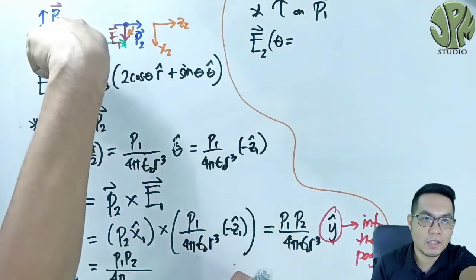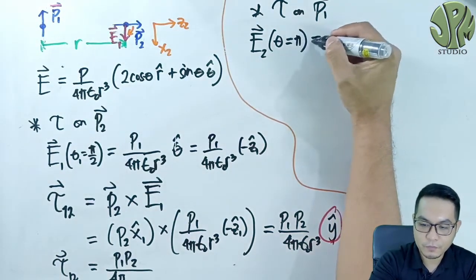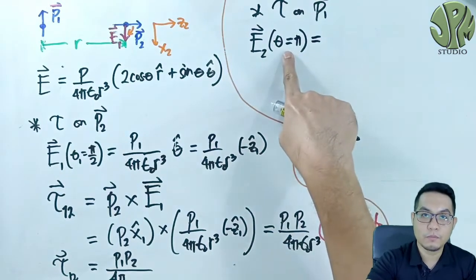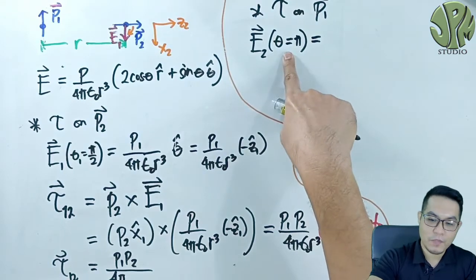That's actually 180 degrees or pi. So theta is equal to pi. This is the location of P1 with respect to the dipole P2. So theta is equal to pi.